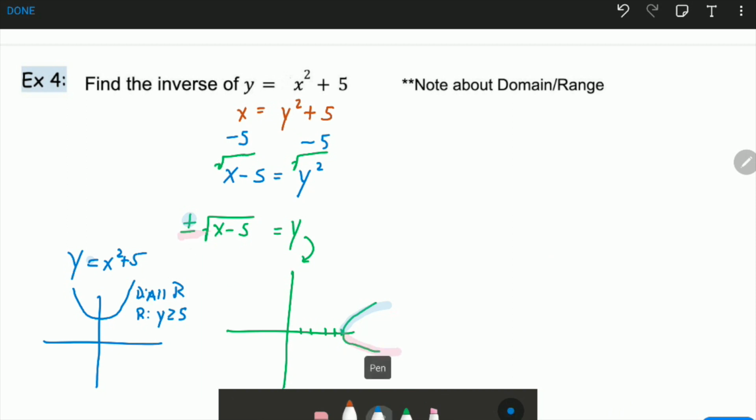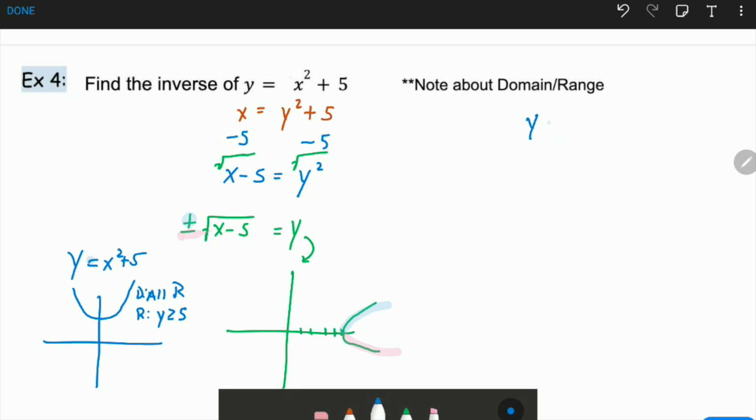But if this is as one function or one expression, it would fail the vertical line test, making it not a function. So in some cases, we weren't actually asked about functions here, but in some cases, you may see them restricted the original function.